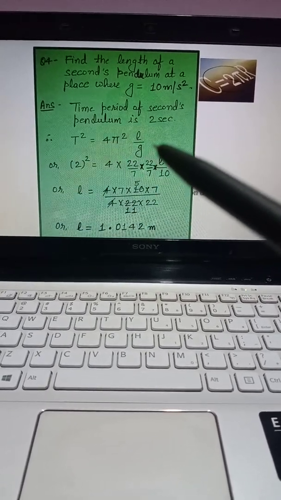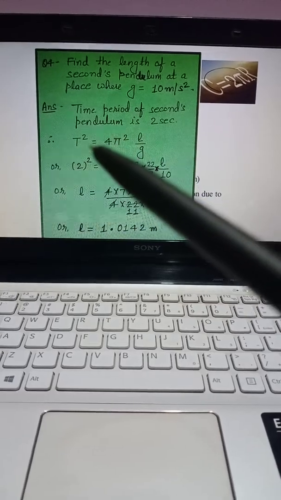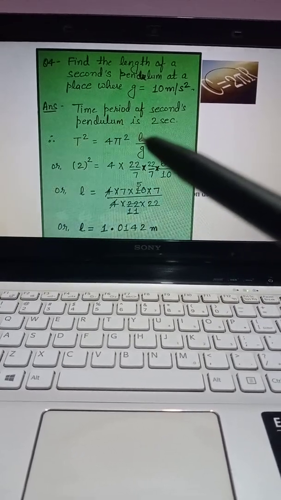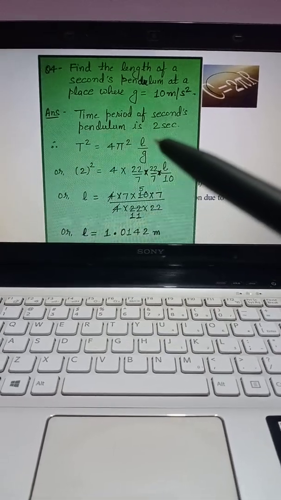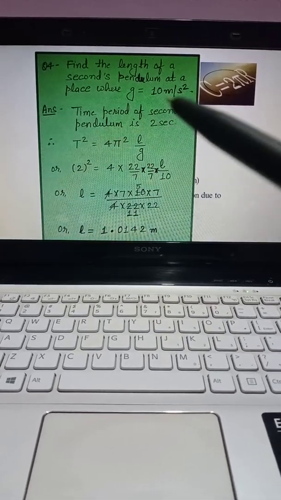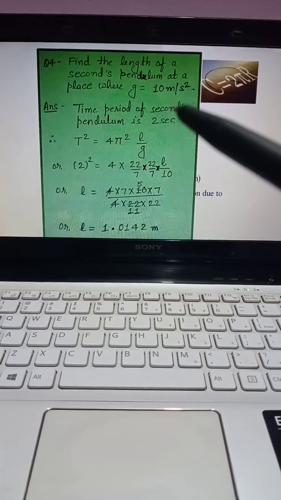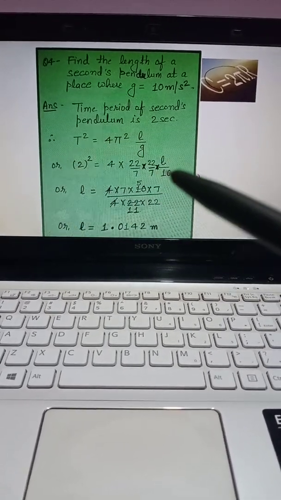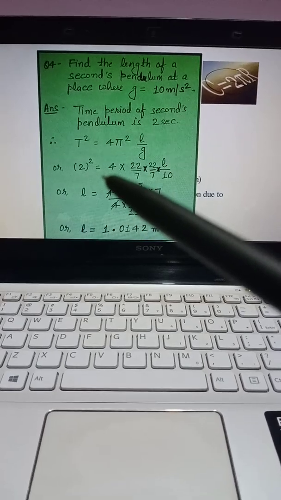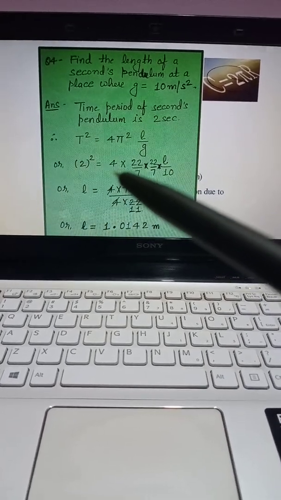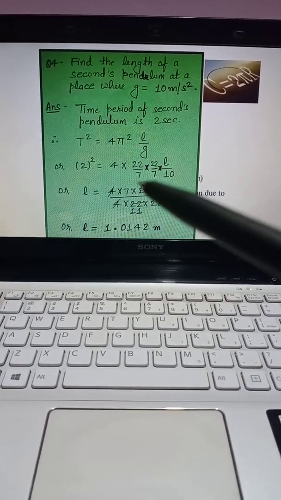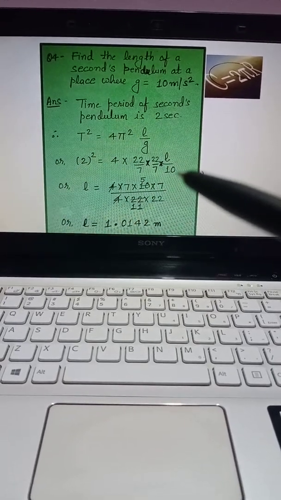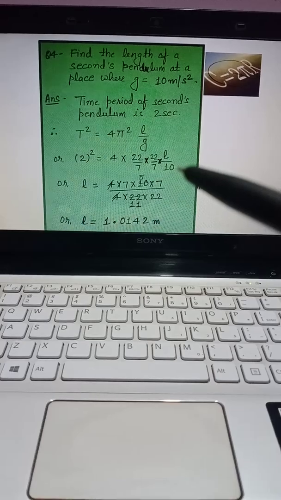So in the question, what is given? T we take as 2 seconds, L we have to find, and g according to the question is given as 10 meter per second square. After substituting all these values, 2 square is equal to 4 into (22 by 7) square times L, and g is taken as 10 meter per second square.